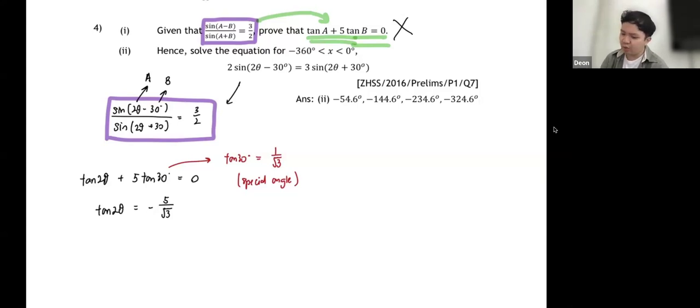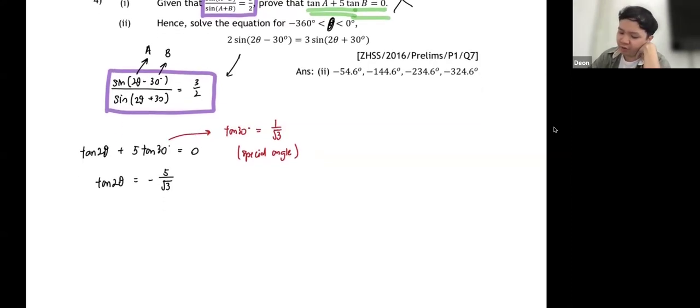Okay, so now when we look at the question, sorry, this is a typo, this one is theta. Now you realize that the range in this case is not the same anymore. The range is a bit different.